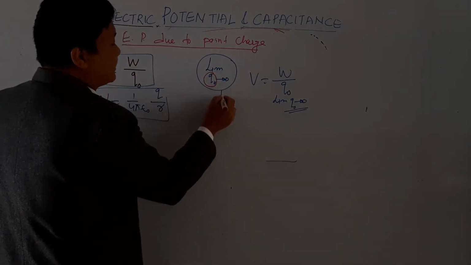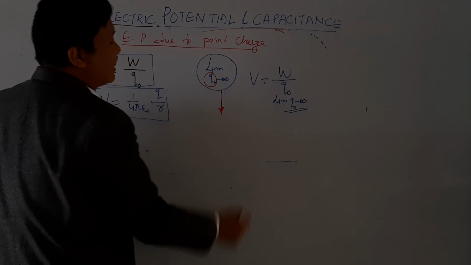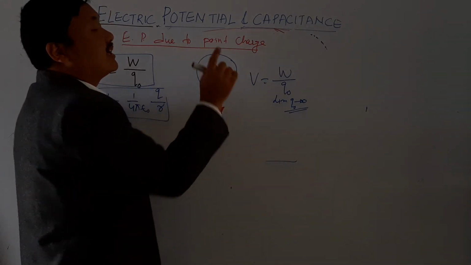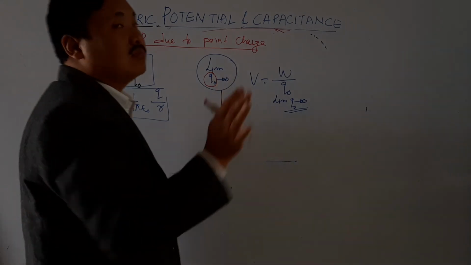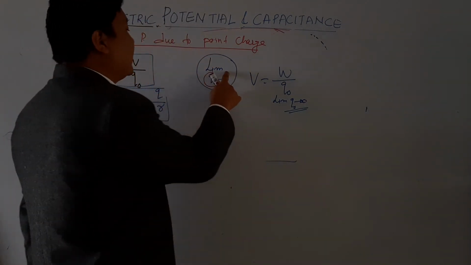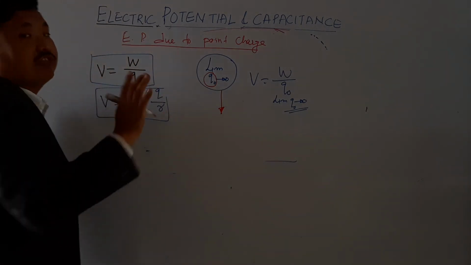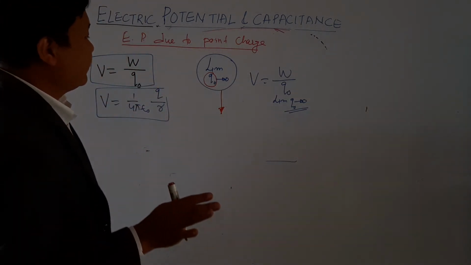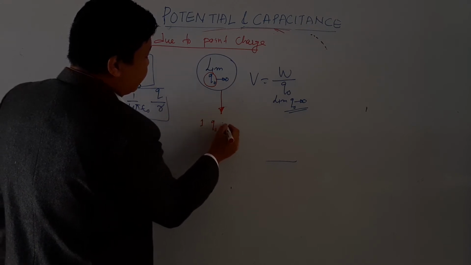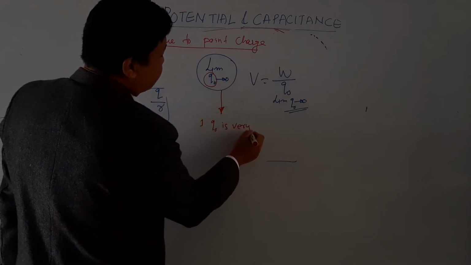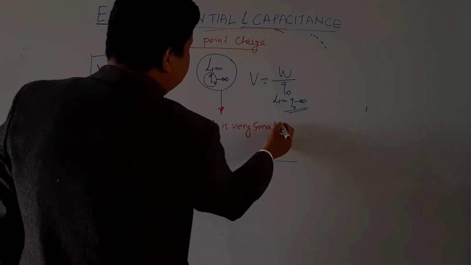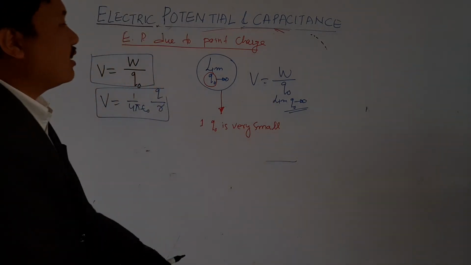Sometimes it is asked what is the significance of limit Q0 tends to 0. It may have some other form also, but whenever you see this while calculating the electric potential, you have to remember, you have to say Q0 is very small. Why is it very small?